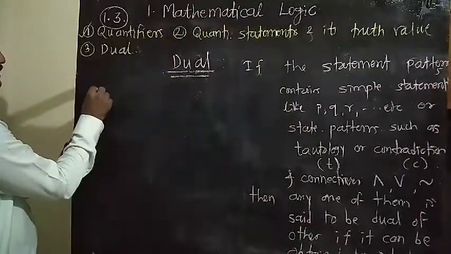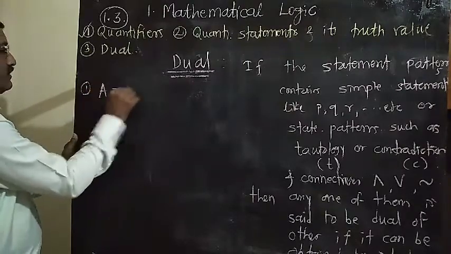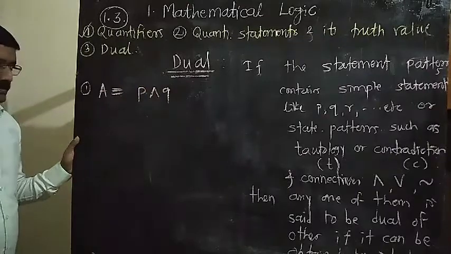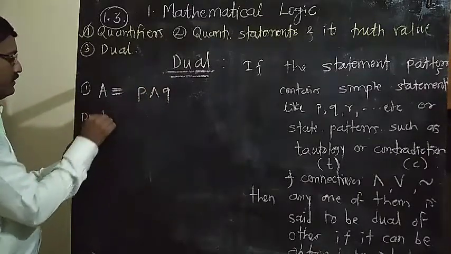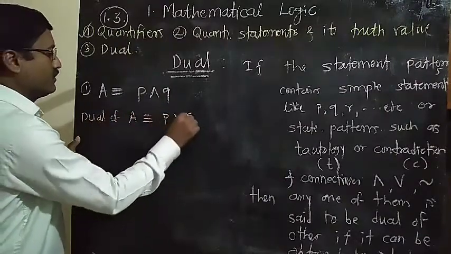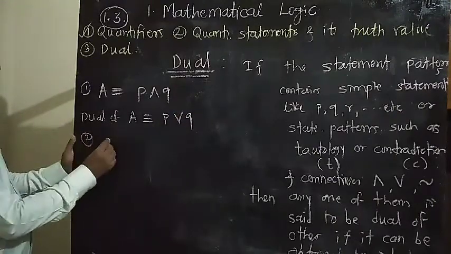For example, let us take one statement pattern A, which is P and Q. It's very simple. Then the dual of A will be P or Q. Let us see another simple example.